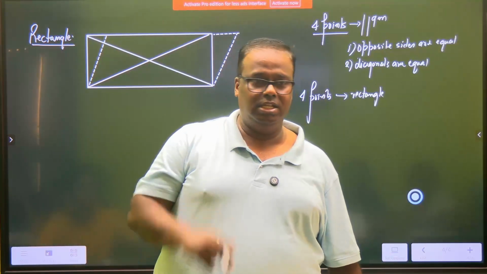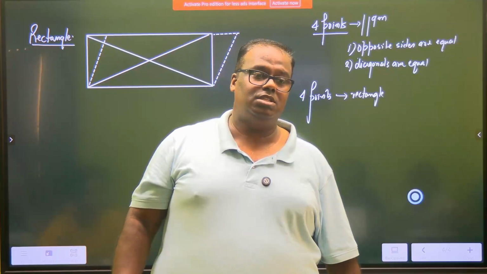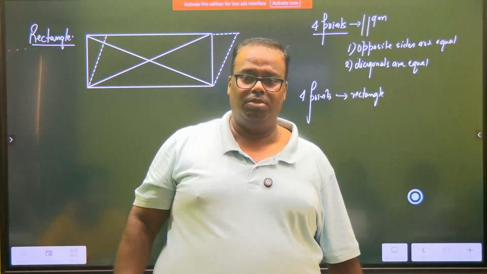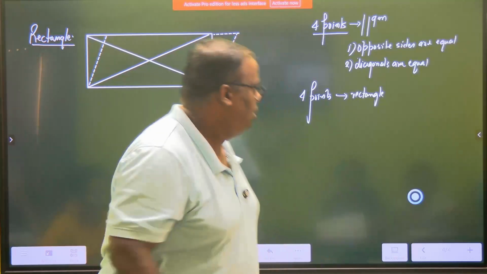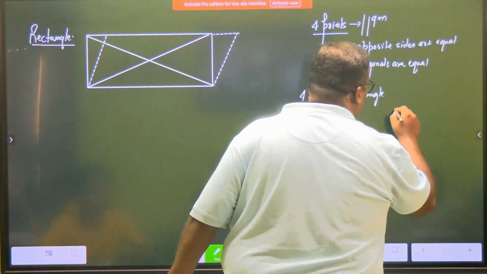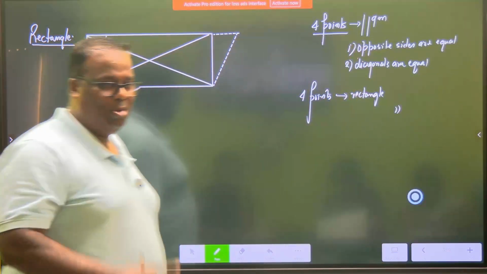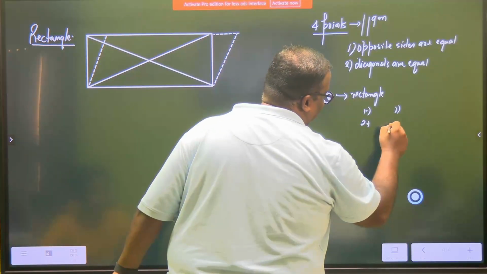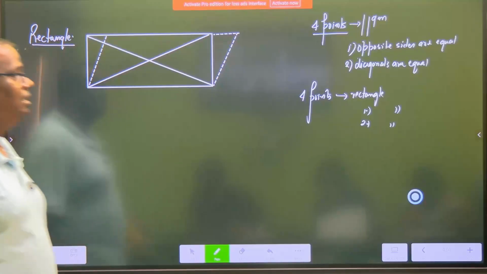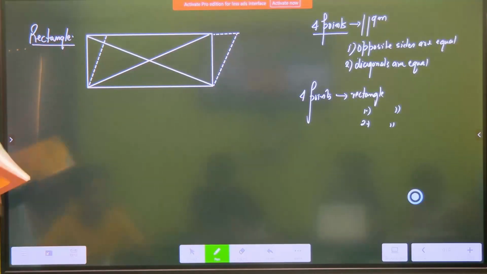No. A rectangle is a parallelogram. That means if a rectangle is a parallelogram, the law which is for a parallelogram should be the law for a rectangle also. So here we just say above 2 points. Okay? 4 points can form a rectangle.